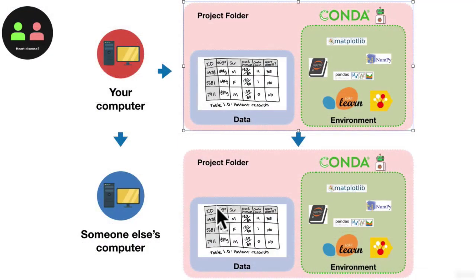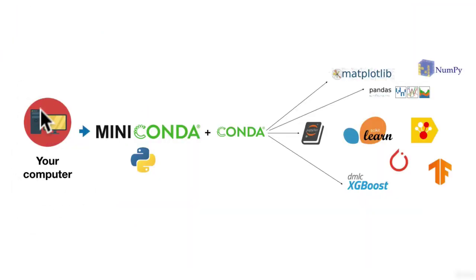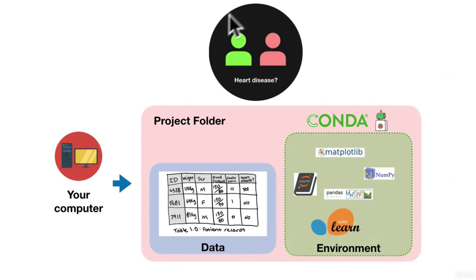Let's just do a quick recap of what we've actually done. Have our computer, that's what we started with. We downloaded Anaconda, which came along with Conda. And we come into this one. We wanted to set up an environment to work on our heart disease project. So what did we do?